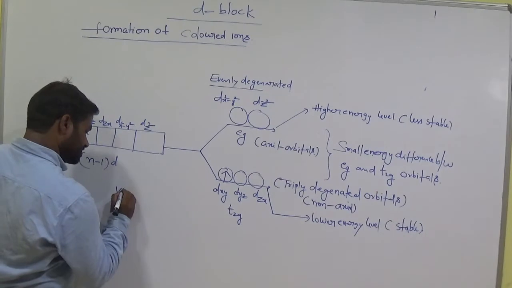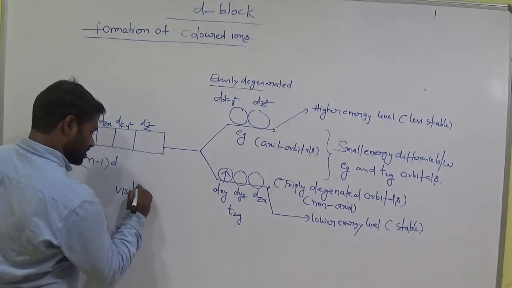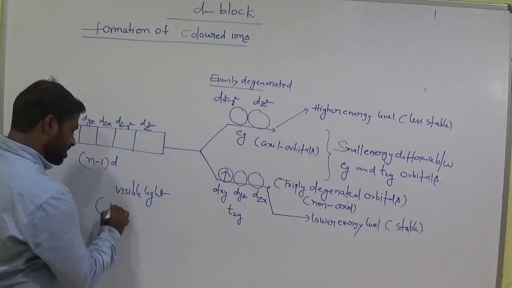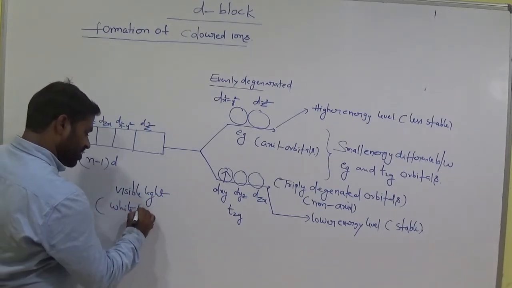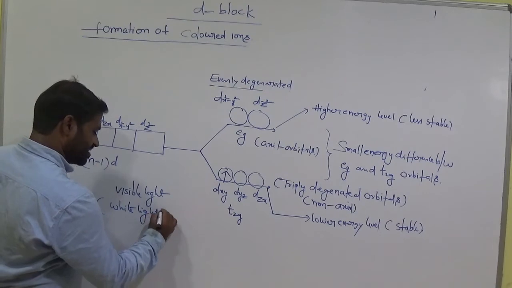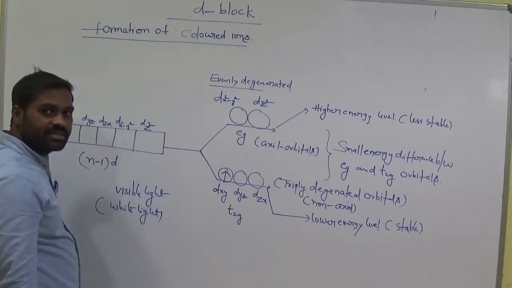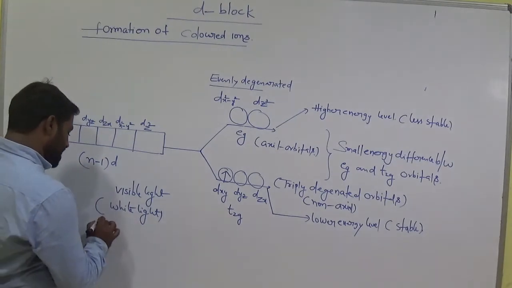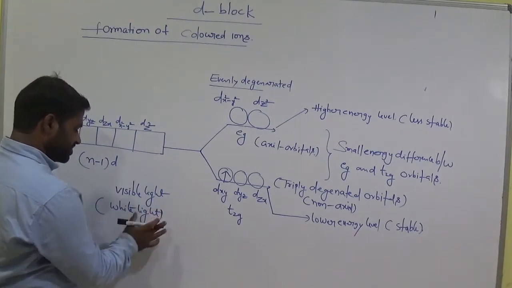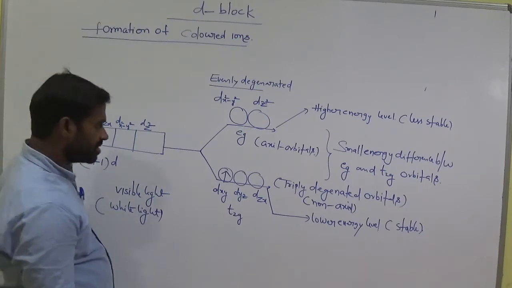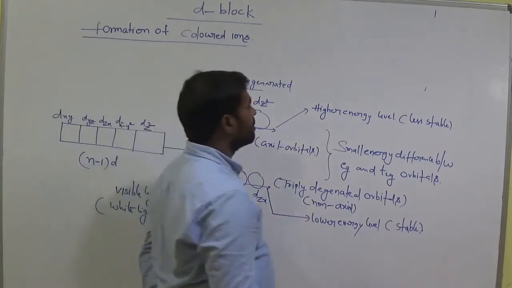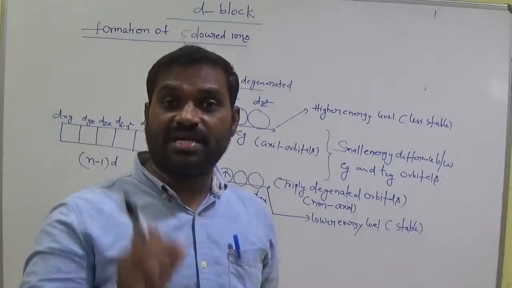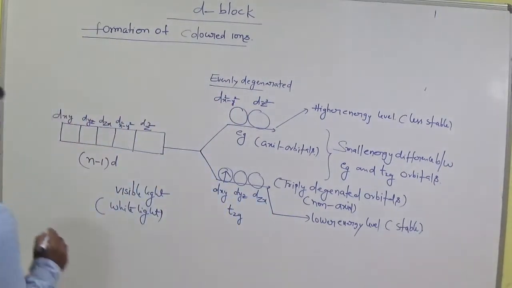Visible light is also called white light. White means colorless, keep it in our mind. It consists of VIBGYOR. These white light consists of 7 colors, VIBGYOR, you know very well.